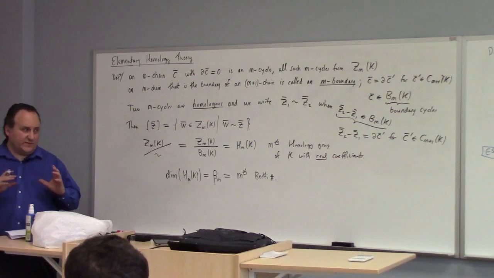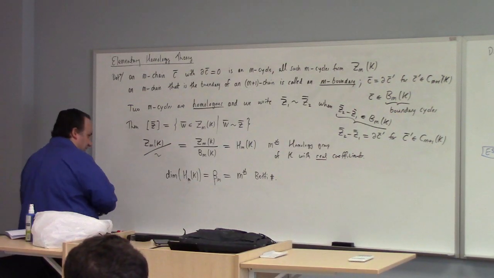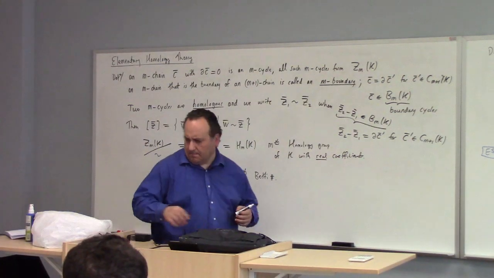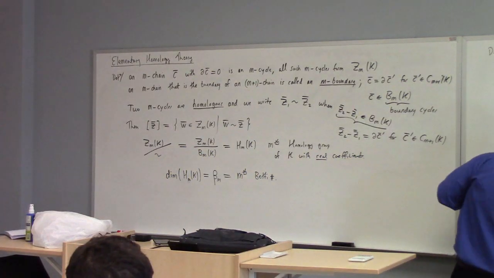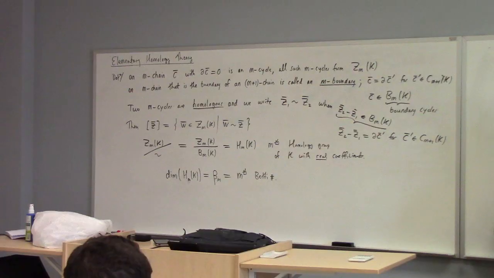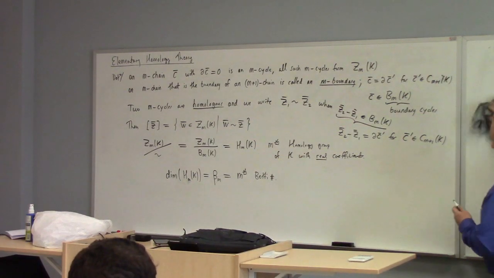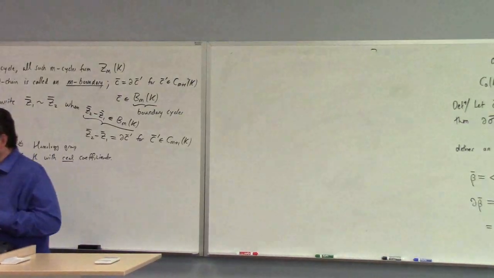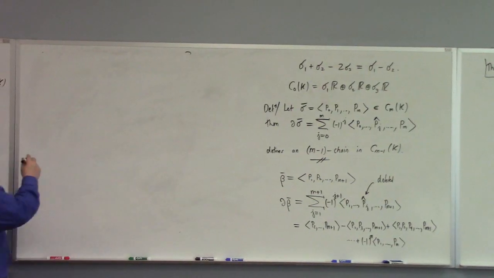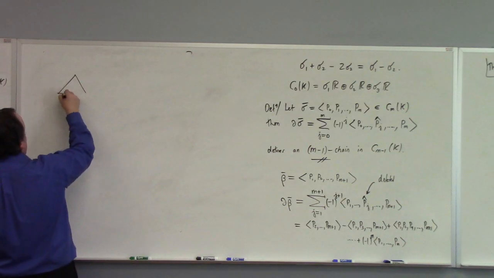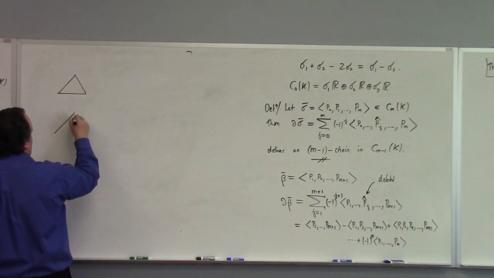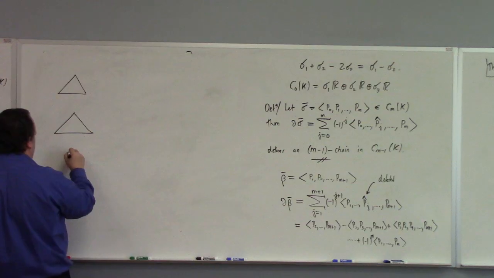And the homology of the circle, well, how do you triangulate a circle? So we have the triangle, the shaded triangle, and the tetrahedron.